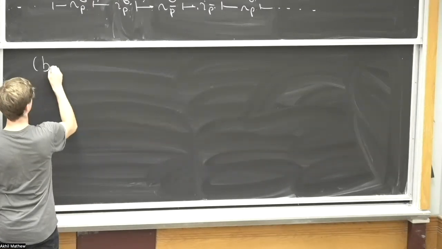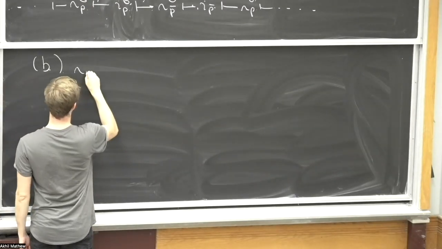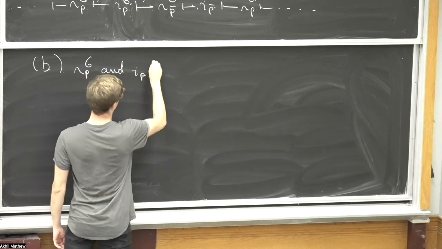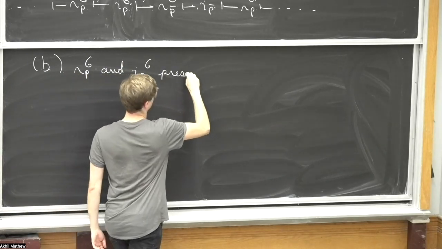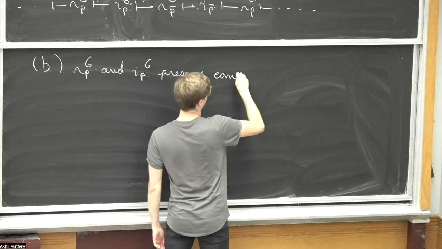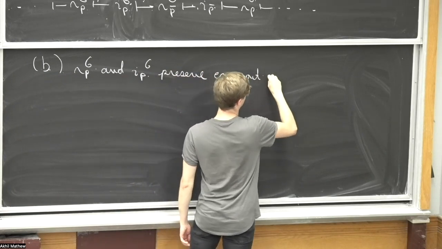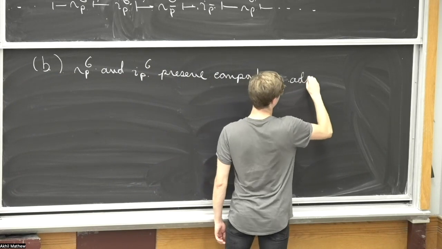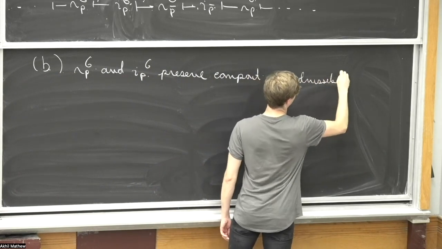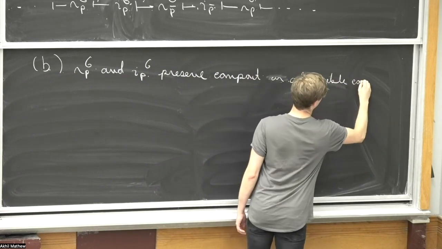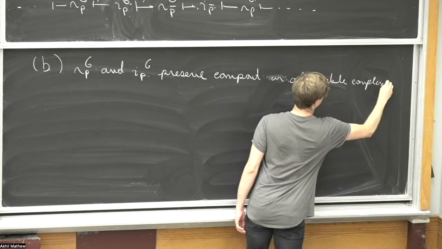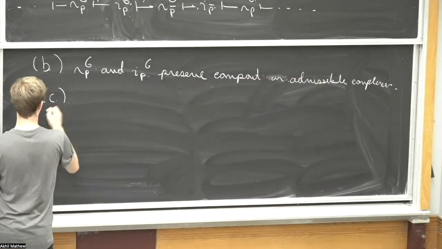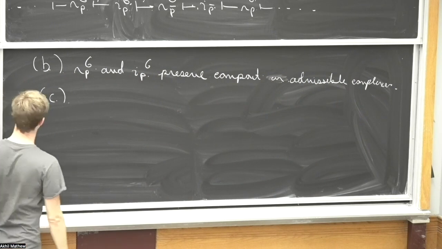Then result B is that these functors R_P^G and I_P^G preserve compact and/or admissible complexes. And then C has to do with how these functors interact with duality.